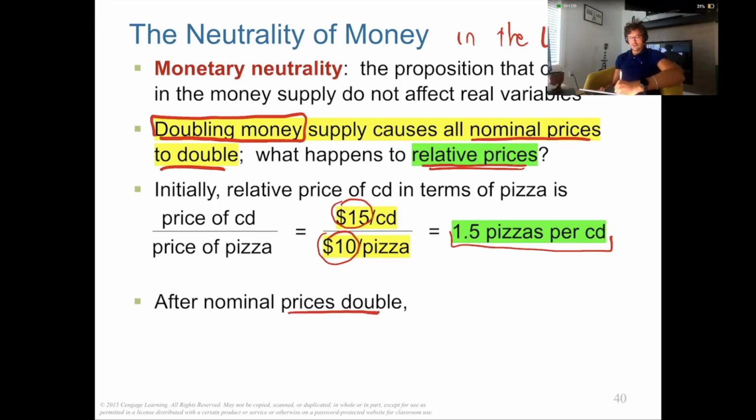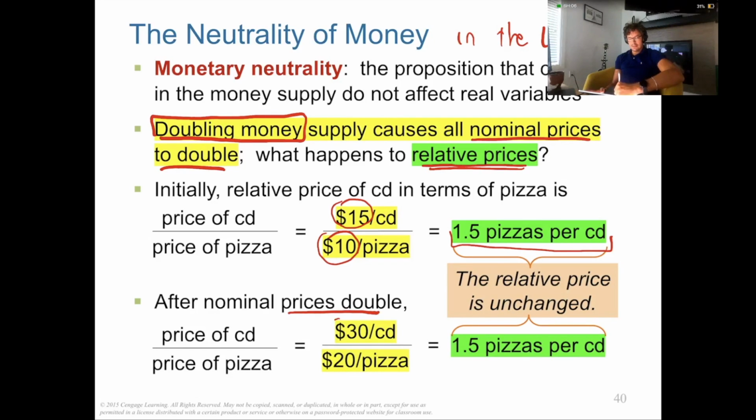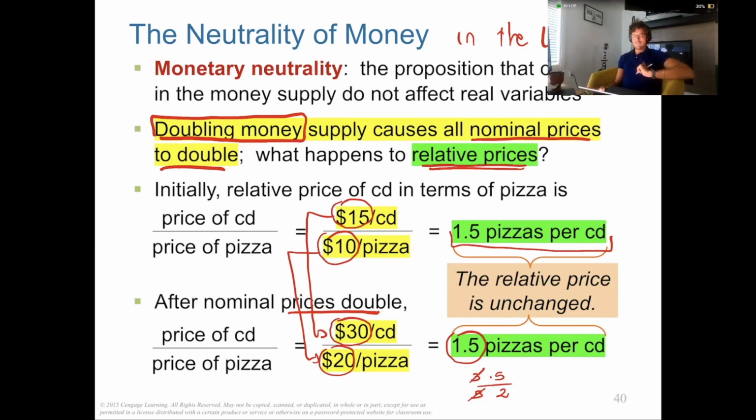So now the cost of the CD from 15 is 30, and the cost of the pizza from 10 is 20. Now, what is the effect in the long run on the relative price? Well, it's still the same. It is still 1.5 pizzas. The idea is that if I have the ratio of any two numbers and I multiply both by the same number, say 3, this change will cancel out.